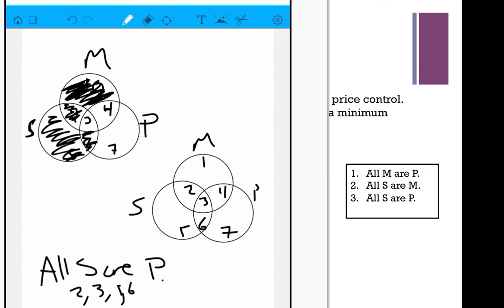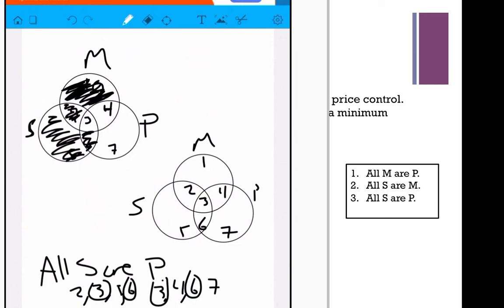And P is 3, 4, 6, and 7. And we circle the regions of overlap, 3 and 3, and 6 and 6, and we scribble out the 4 and the 7. And so we're going to shade in the regions that we didn't circle. All S are P. If all S are in 3 and 6, where are they not? There's nothing in 2, and there's nothing in 5.